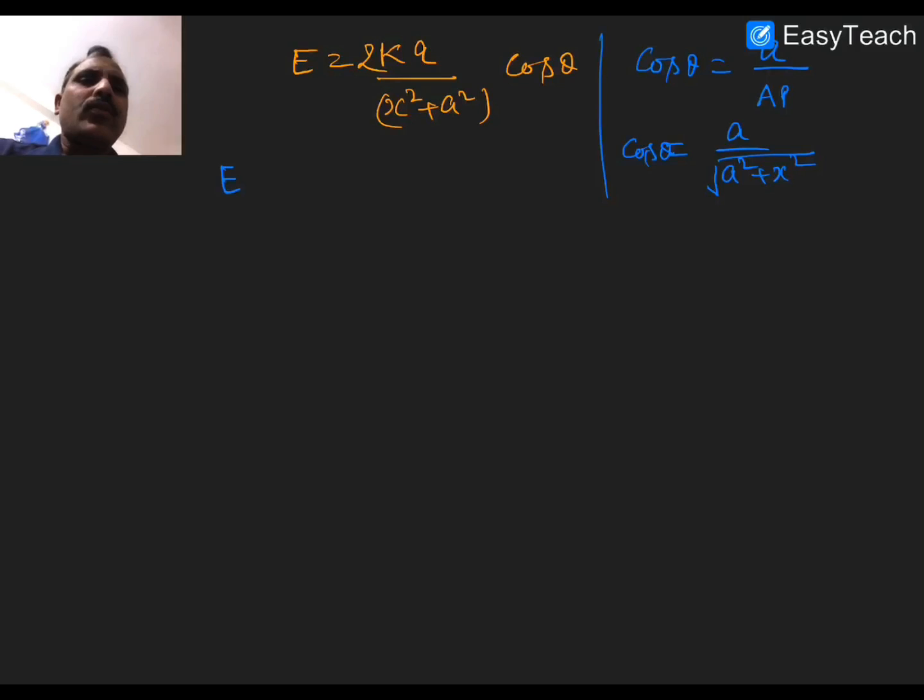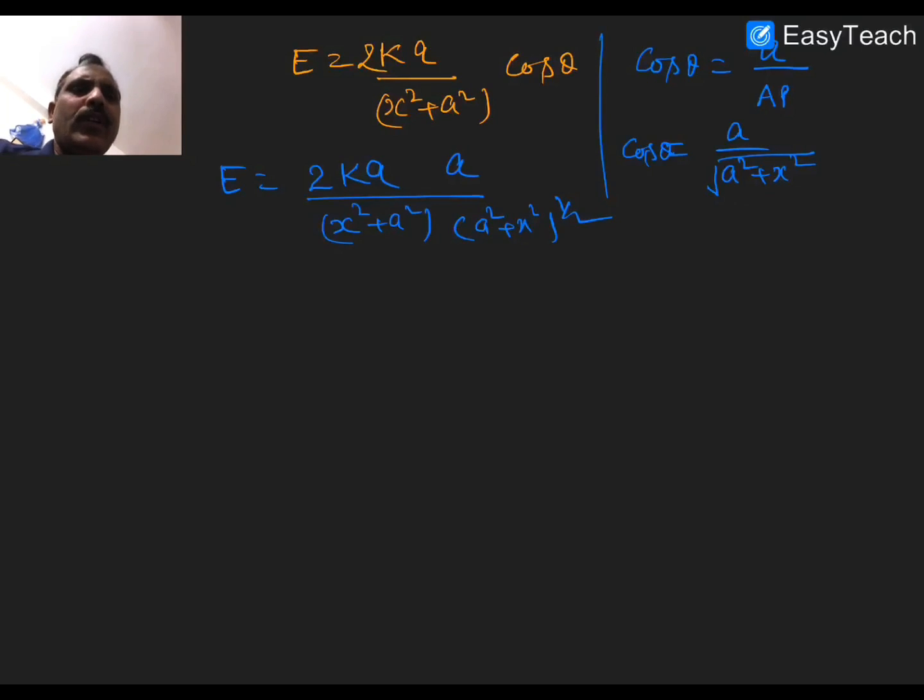So E is equal to twice KQ a upon x square plus a square into x square plus a square to the power 1/2, KQ into a. Q into 2a means p.